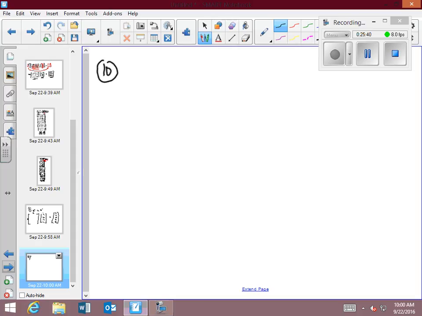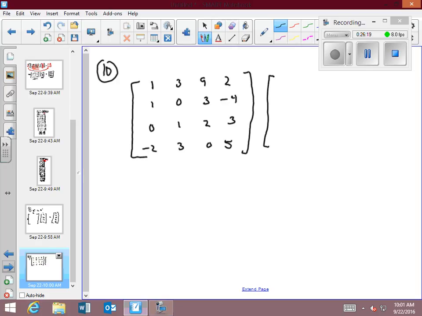So what we're trying to do, we're trying to find all the vectors, and it has to be x1, x2, x3, and x4. That's going to give me, and the columns are 4 columns, so 0, 0, 0, 0. So that's what we're looking for.